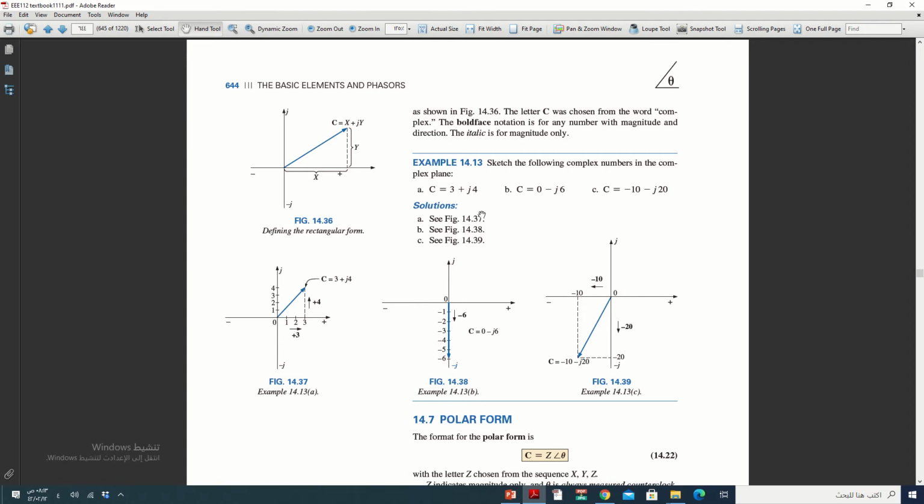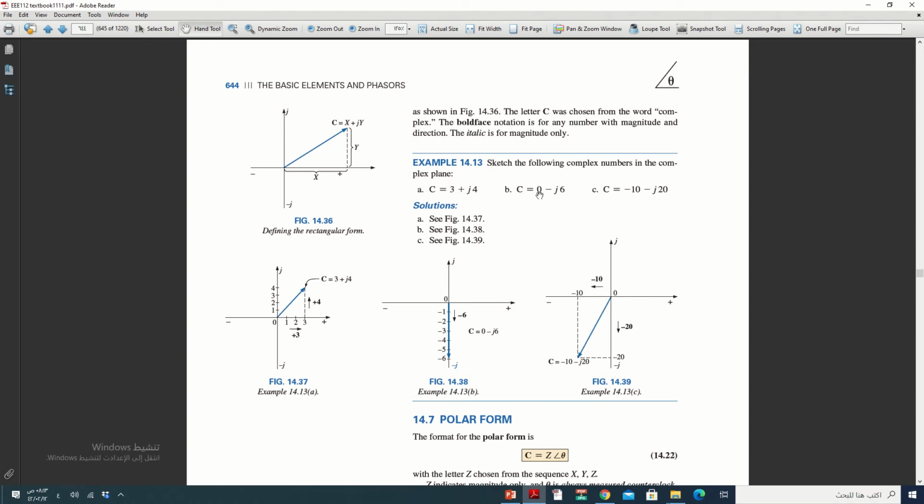If we need to take an example, 14.3, we have a, b, c. We can show, for example, one of them. Here c equals 3 plus j4. 3 is the real number and j4 is the imaginary number.